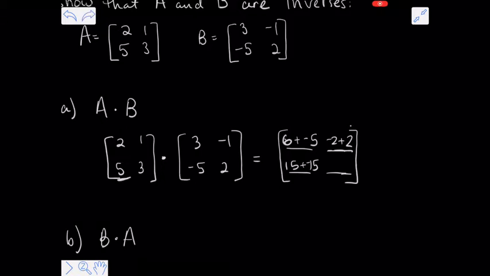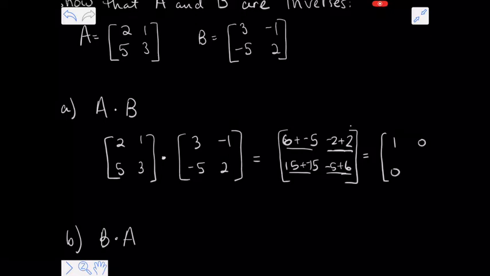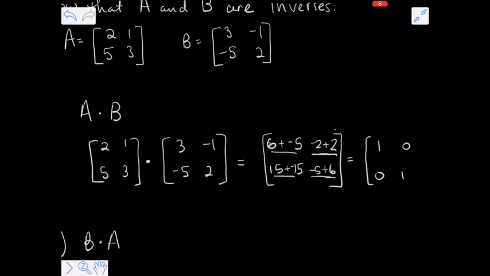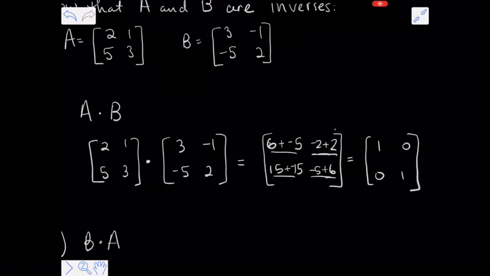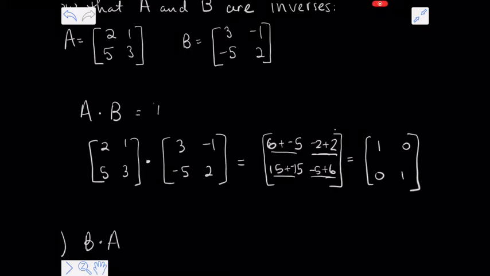So I need the first entry times the first entry, that's negative 5, and then second entry times second entry, that's 6. So we get 1, 0, 0, 1. So A times B was equal to the identity, so that checks out.